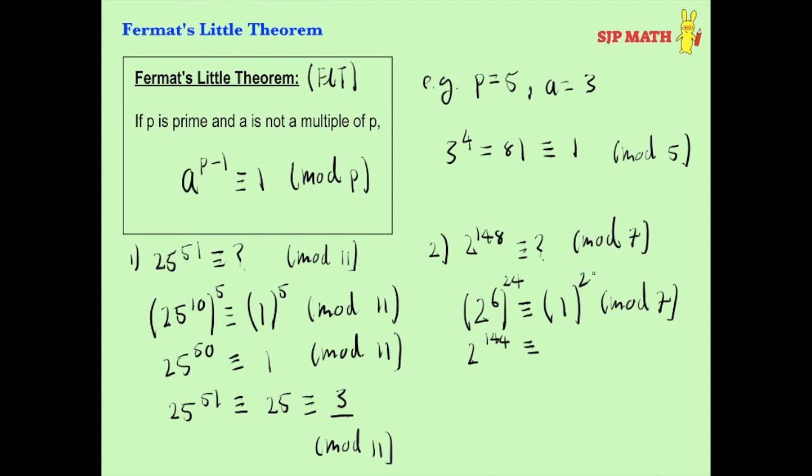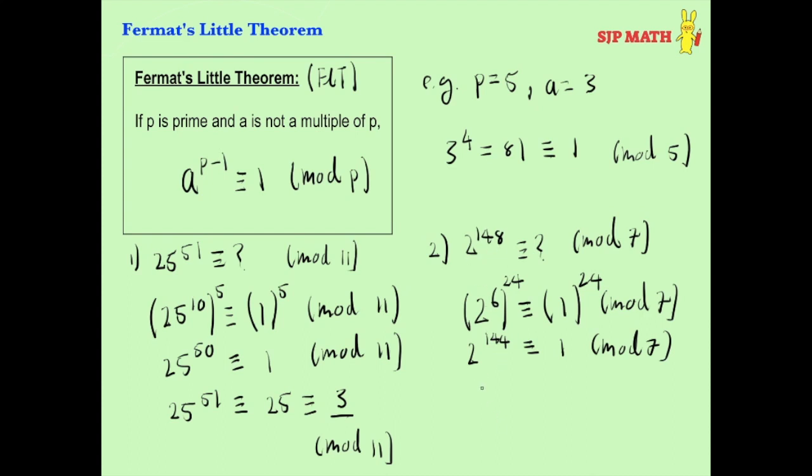So if we set both sides to the power of 24, then we get 2 to the power of 144 here, and we get 1 to the power of 24, which is just 1 again, as we would have expected. And then we have to fill the rest. So we just multiply by 2 to the 4 to make this into this number.